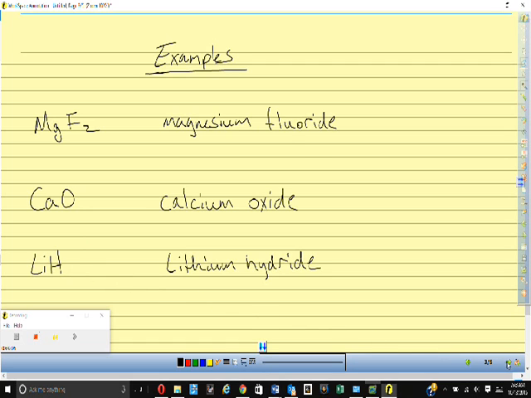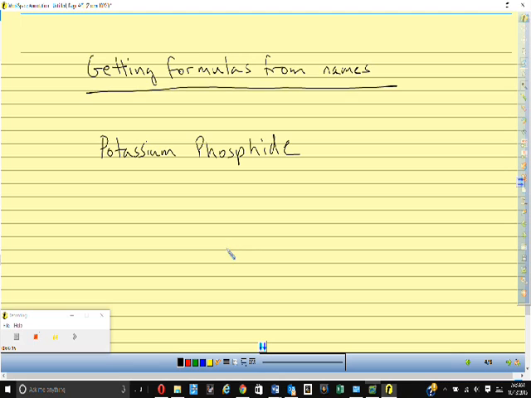Sometimes you'll have a 3, and the purpose of that is that when you're generating these formulas, what we've observed is that they generate formulas in ways so that charges zero each other out. If you end up with a net charge, well then it's not a stable compound, and you haven't honestly generated your formula correctly. The process that you go through is, number one, we're going to write down the ions.